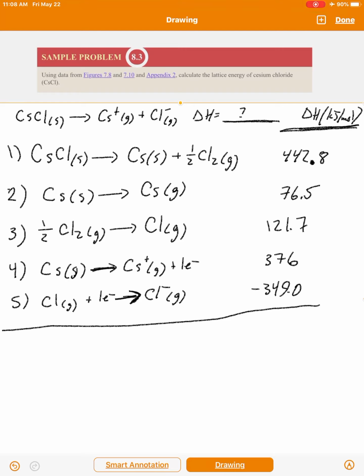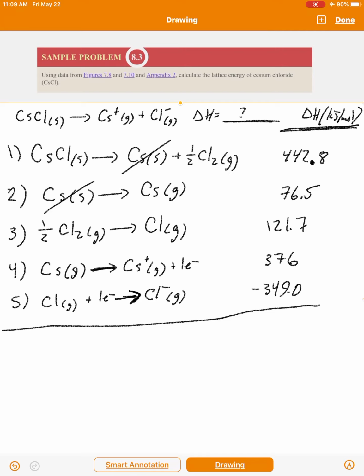But first, let's prove that if we add these delta H's together, it'll give us the right answer. Okay, so first what I'm going to do is start canceling everything that appears on both sides. So if you see anything that appears on both sides, we can cancel it.